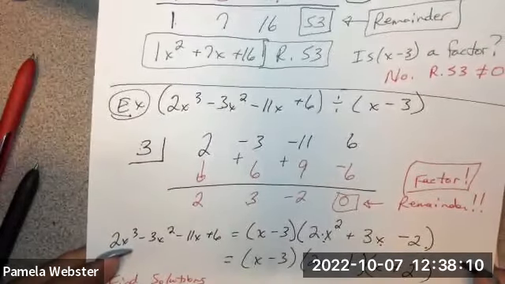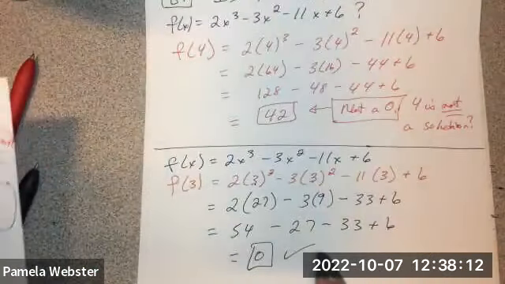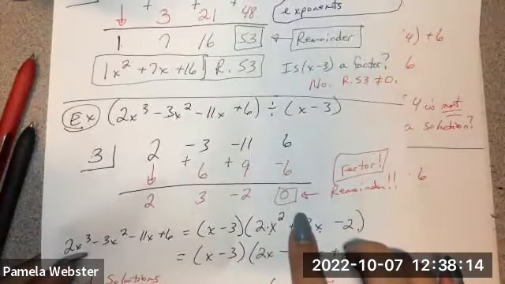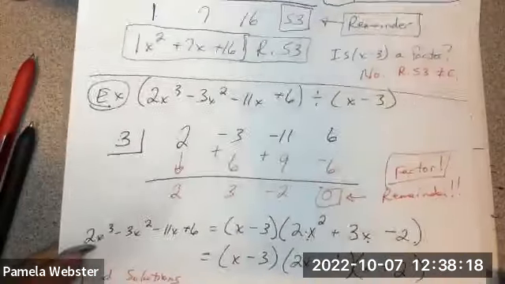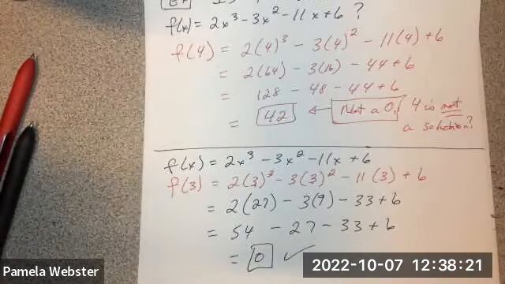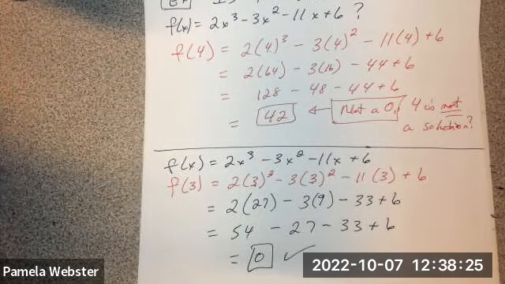Because I know I'm going to get a 0 here. If I don't get a 0 here, I won't get a 0 here, okay? If I do get a 0 here, I'd better get a 0 here, okay? So that makes my life maybe easier because maybe I don't spend extra time doing long division or synthetic division that I don't need to do, okay?